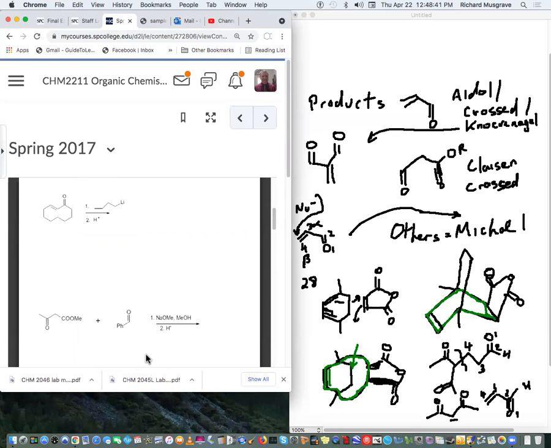It's an aldehyde or ketone, not an ester. In order for it to be a crossed Claisen, this would have to be an OMe group coming off here as well. I mean, both species. That's a condition of the Claisen, that it has to be 2 esters reacting with each other. Is that okay? Yes, thank you. All right.